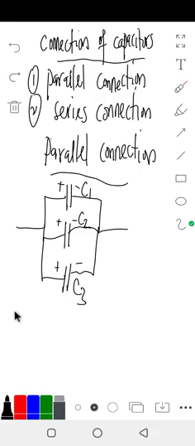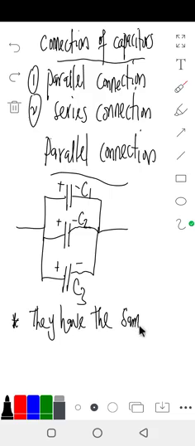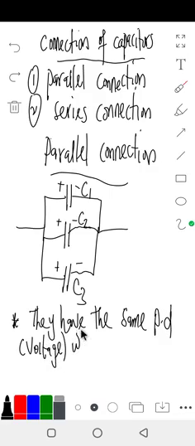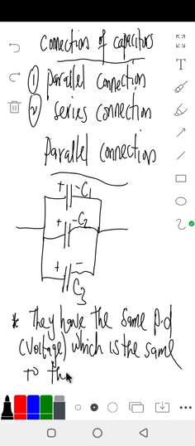When you have capacitors connected in parallel, they have the same potential difference. That means the same volt, which is the same as the total volt of the circuit.